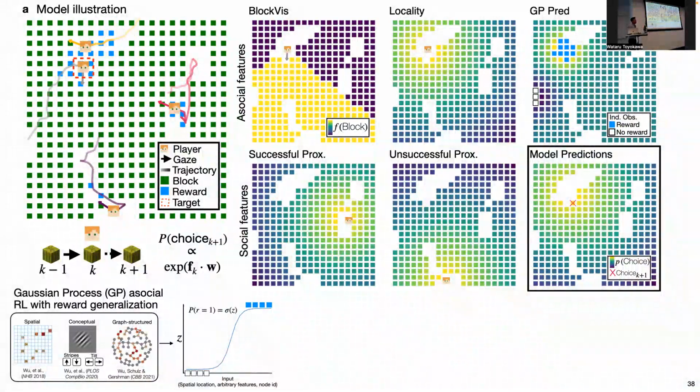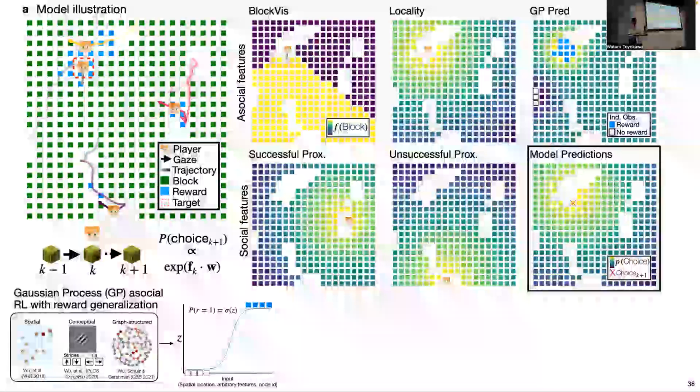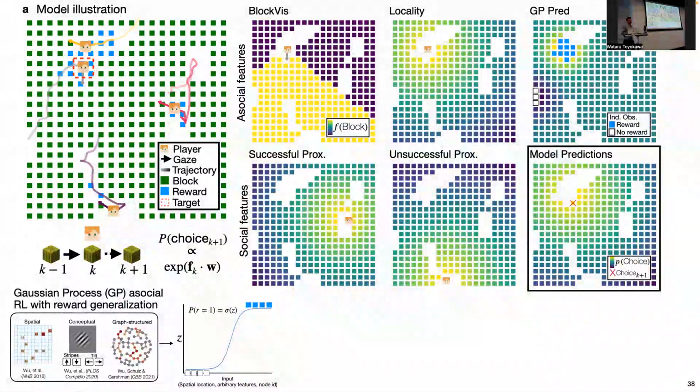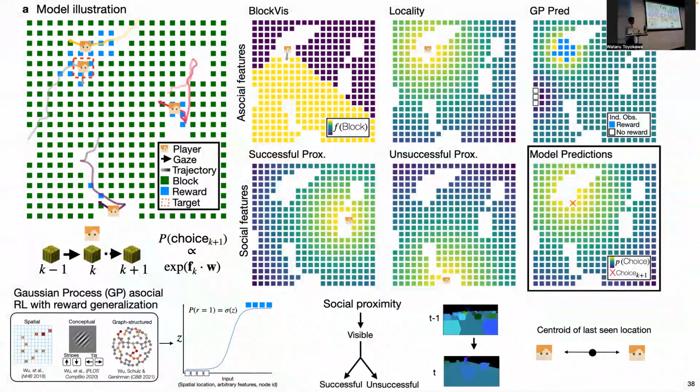But then we also have some social features as well. And the winning model here just has a very simple form of success-biased selectivity. We just differentiate between whether or not a player was successful or unsuccessful based on their own visibility data. So what we're able to do is use this automated transcription of the visual field.